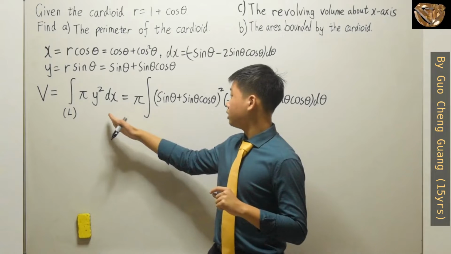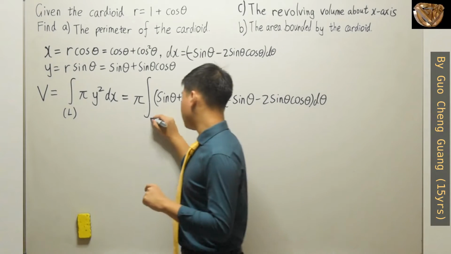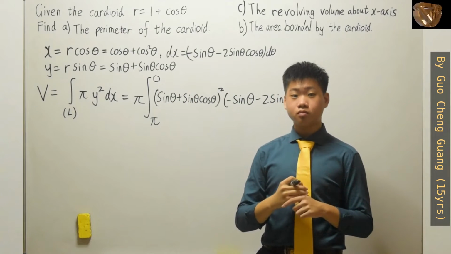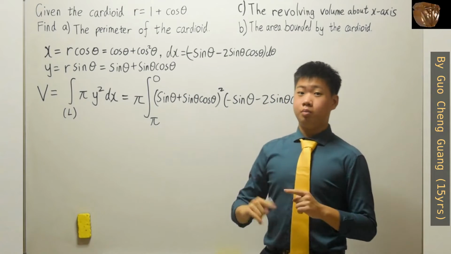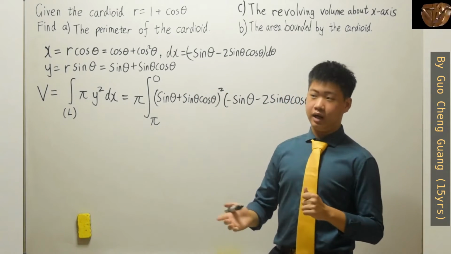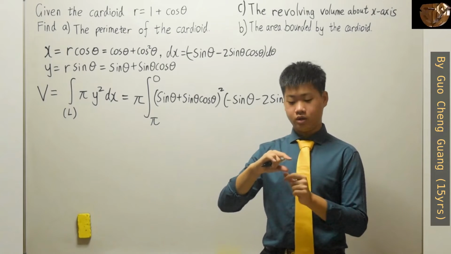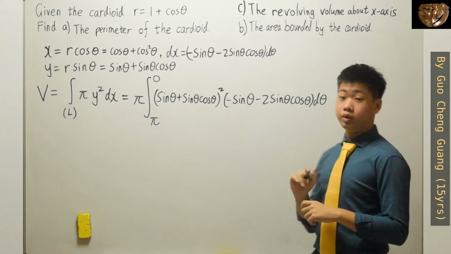So in order to make this part also in the same direction, we actually need pi to 0. So this boundary will be from pi to 0. Beware, not 0 to pi, not pi to negative pi. You're only using a radius, not the entire diameter. So this is what you are going to see.